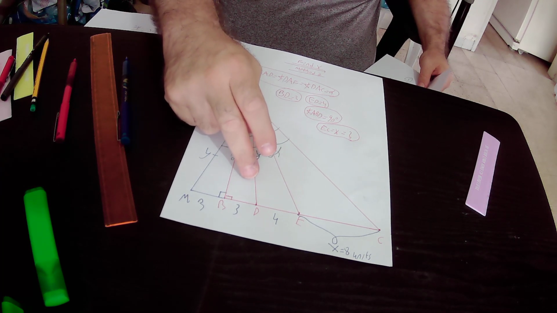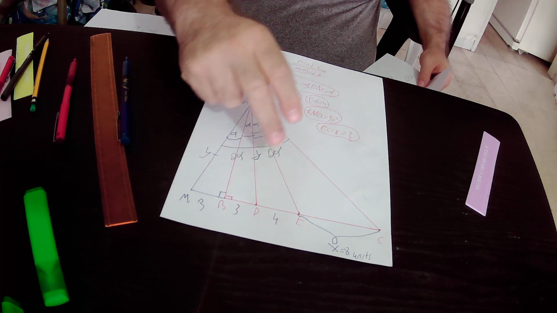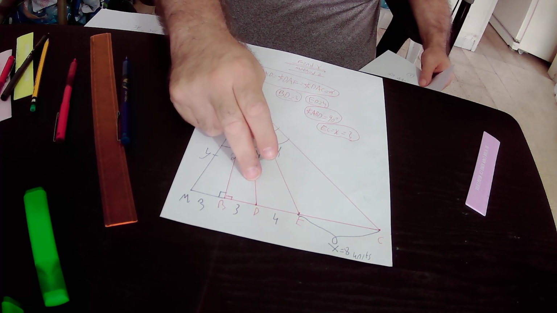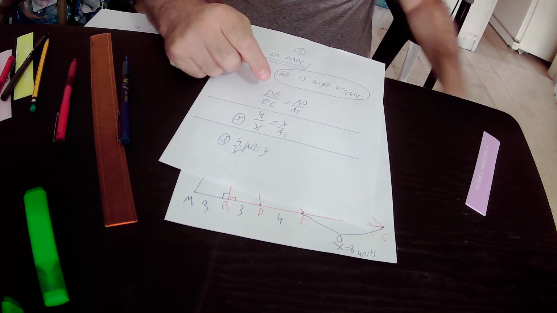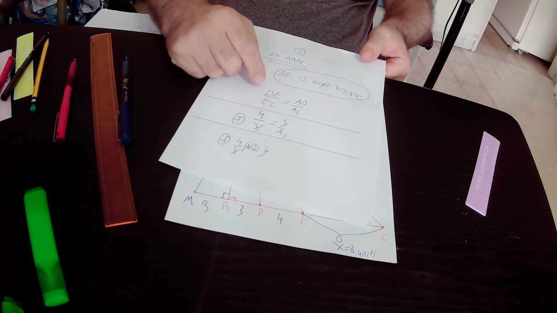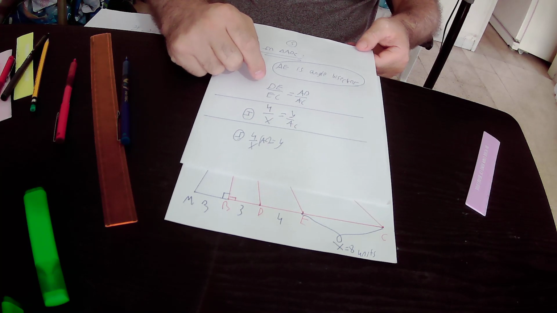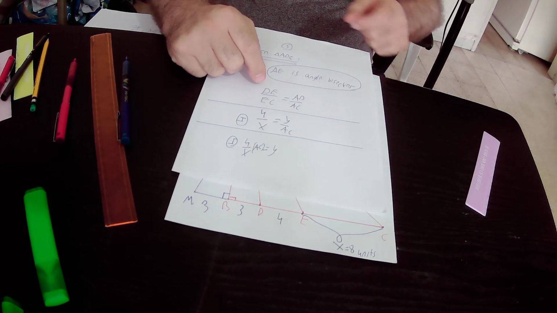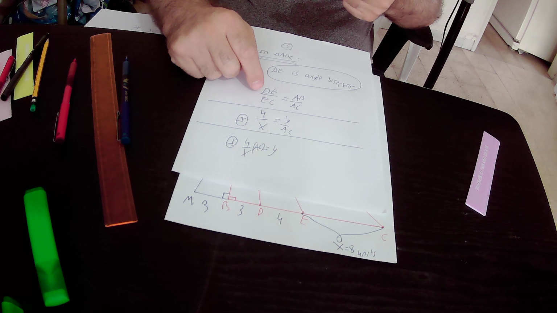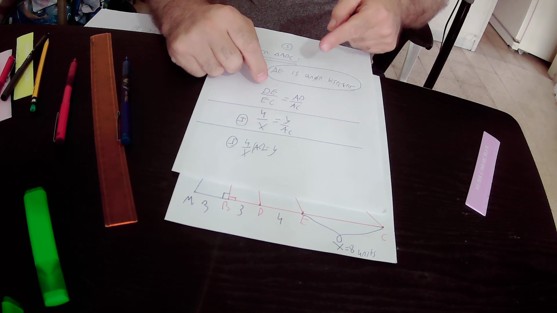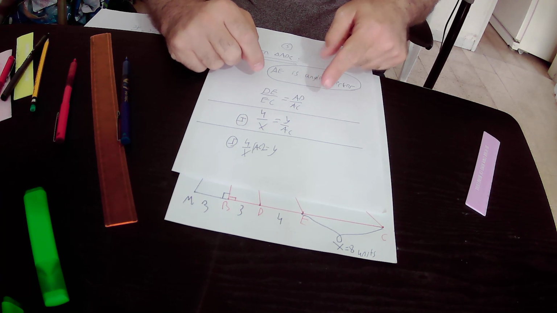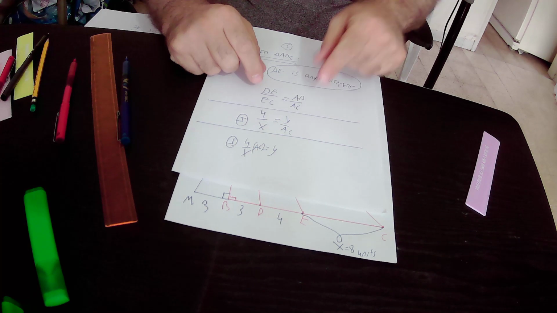The angle sides are AD and AC, so the ratio between the angle sides is AD over AC. So those two ratios are equal to each other.